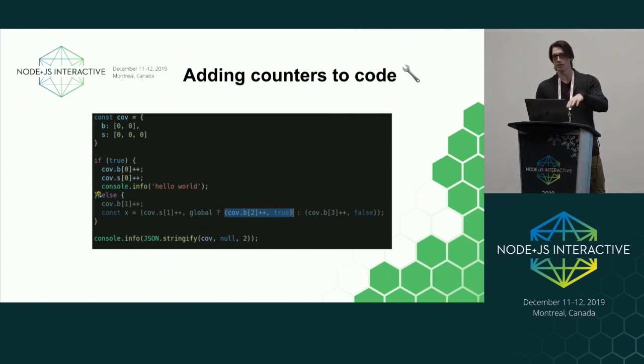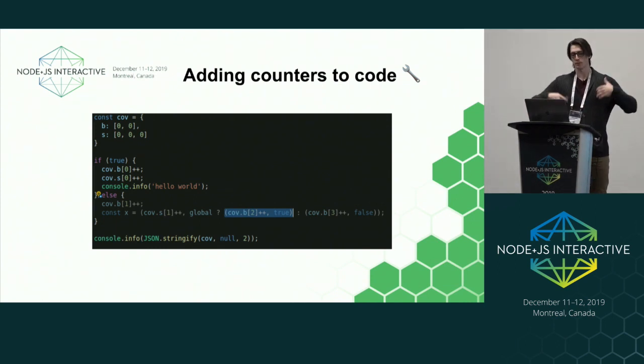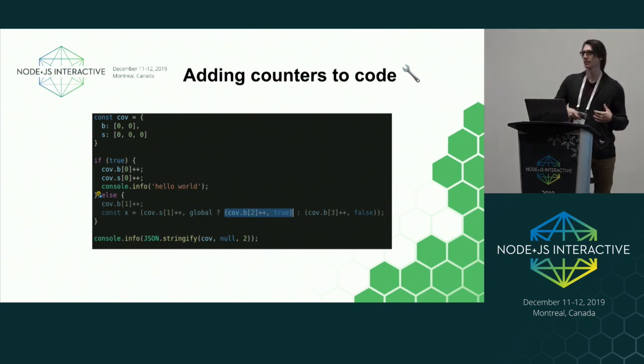We're then doing the same console.info we did before. If we were to go into that else block somehow, we then increment the branch in that else block. And if we went into the ternary operator, we'd also be incrementing branches and statements inside of that ternary operator. At the end of the program's execution, we can then dump that report we've been collecting the entire time, and that's how coverage has traditionally worked in the JavaScript world.